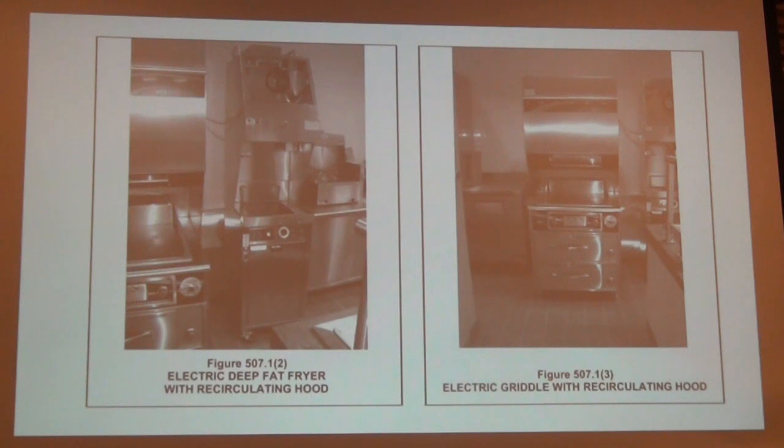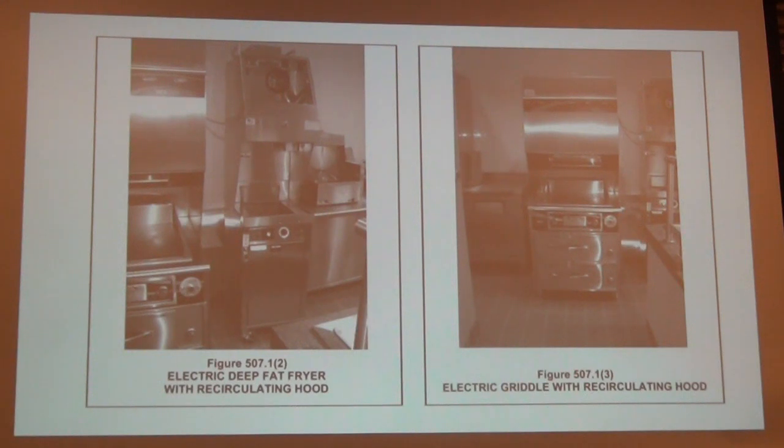Here's a deep fat fryer with a recirculating hood, still requires that 100 CFM, plus the heat loss and heat gain calculation. There's a technical bulletin on UL Standard 710B for recirculating systems stating that you have to still calculate for the air conditioning load.